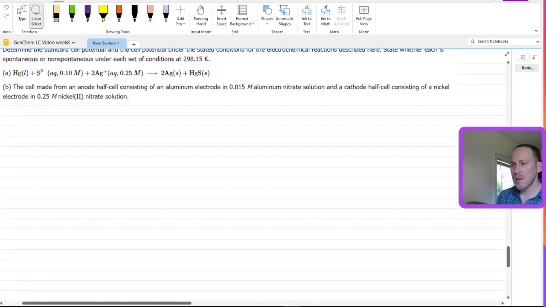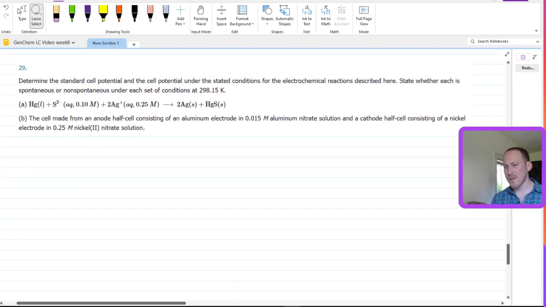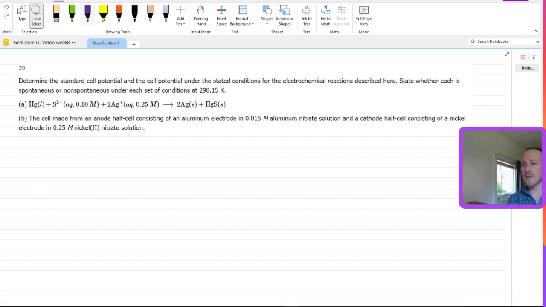So in this one, it looks like we got this mercury, sulfur, silver situation. Very interesting. They've given us a balanced reaction here in A. So I'm going to make sure I understand what's going on and write out a cell diagram.